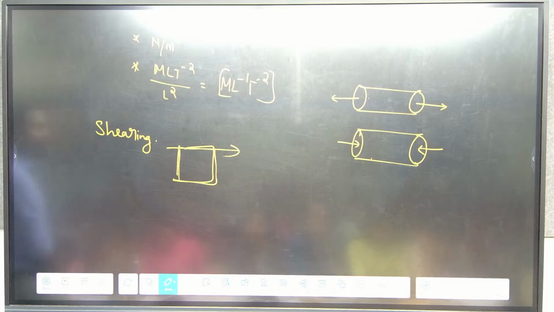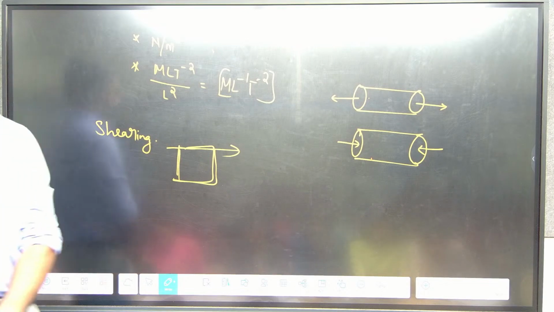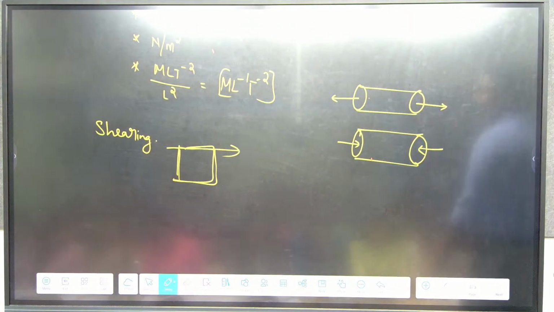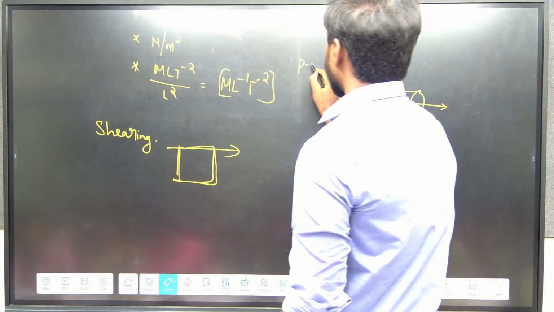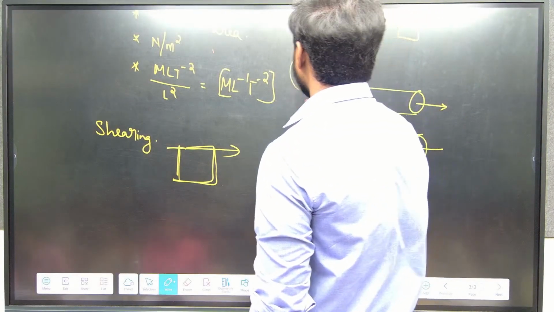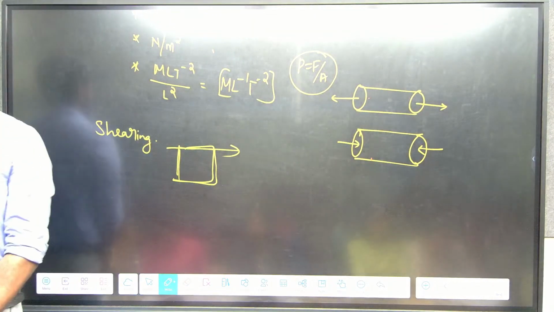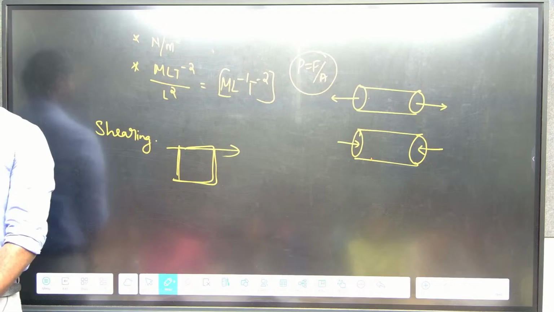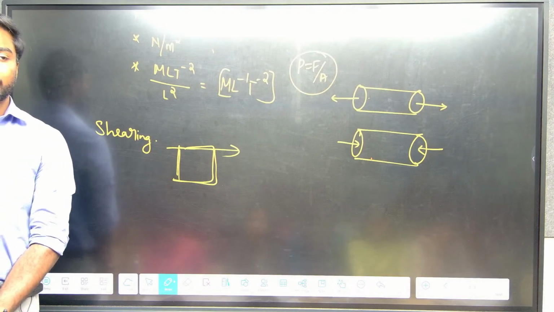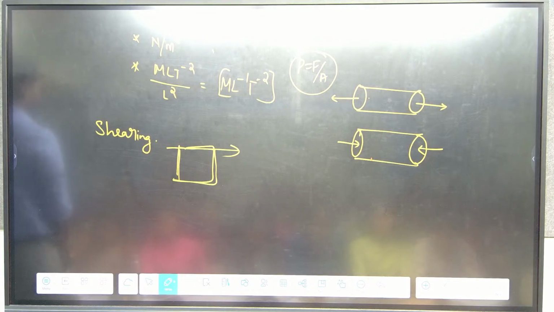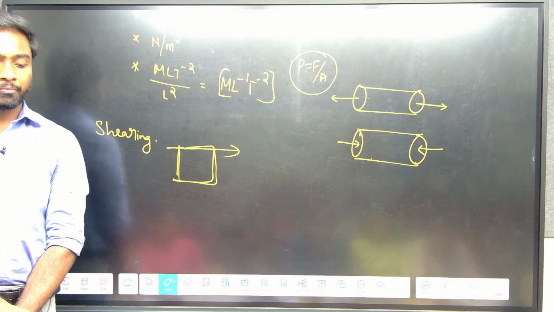The third one is volumetric stress. So here pressure is equal to force by area. So what are the stress types we have seen now? For everything the same SI unit, Newton per meter square.